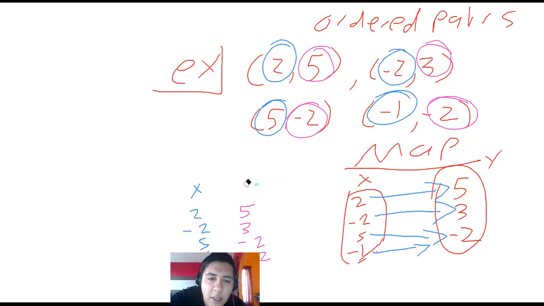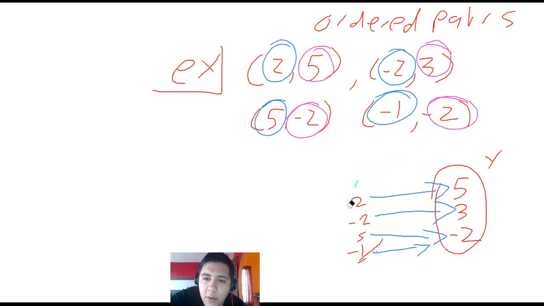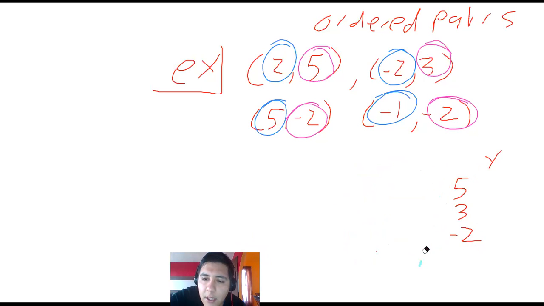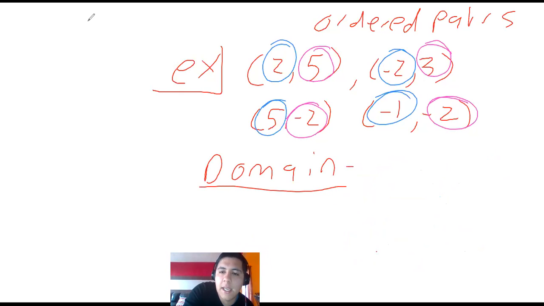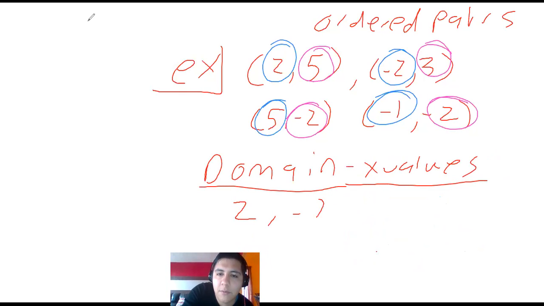Now, one thing that we need to start focusing on or getting used to is the idea of domain and range, okay? So whenever you hear me mention domain, these are the x values in a relation, okay? So if we were talking about the domain of this example, we would say the numbers 2, -2, 5, and -1.